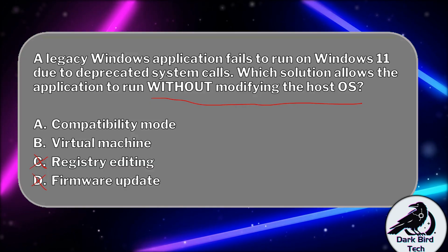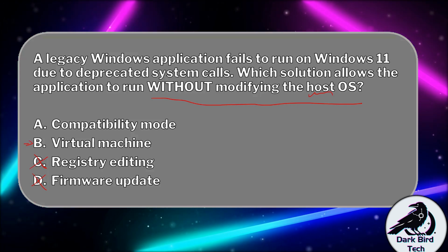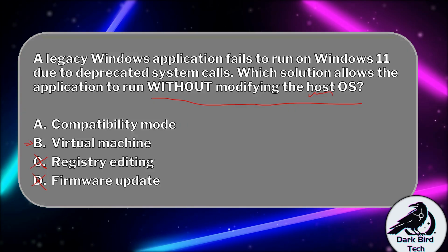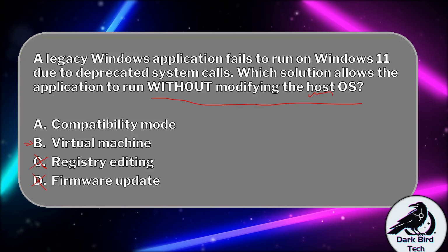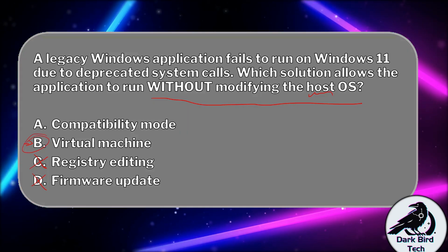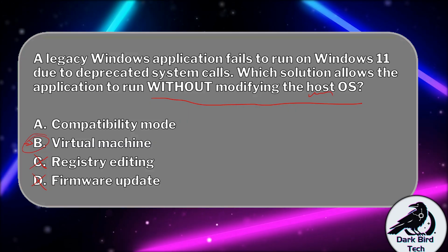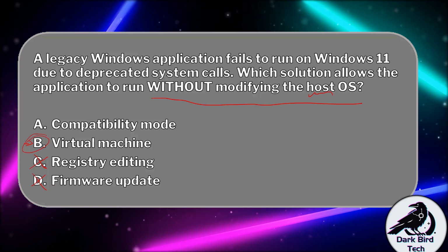Also, they mentioned host OS. That's actually giving you a clue to the preferred answer here, a virtual machine. Oftentimes, when you're dealing with a legacy application that really doesn't want to run on the newest version of Windows that you are on, having a VM to run that legacy application is probably going to be the most seamless, guaranteed way to get it working.